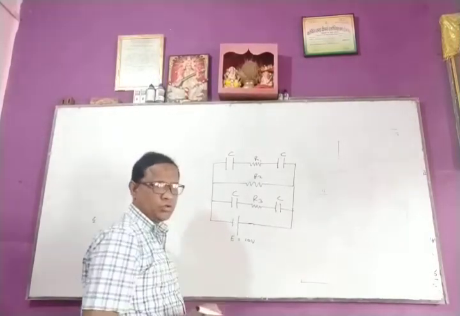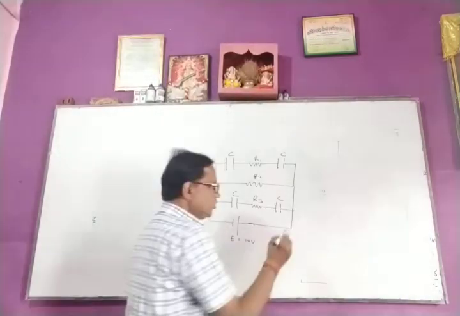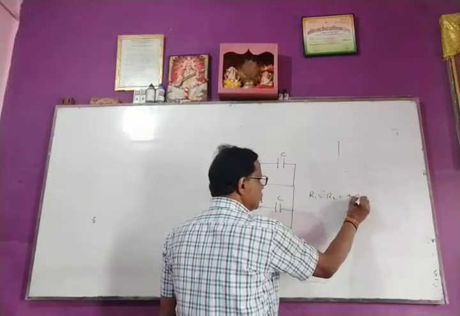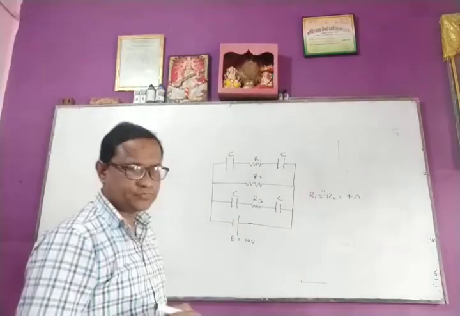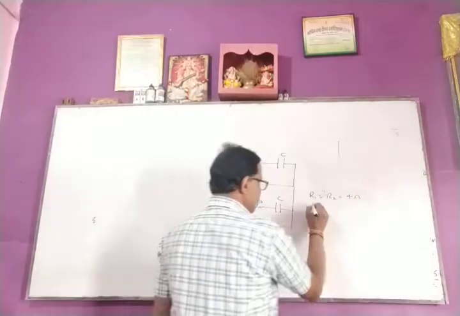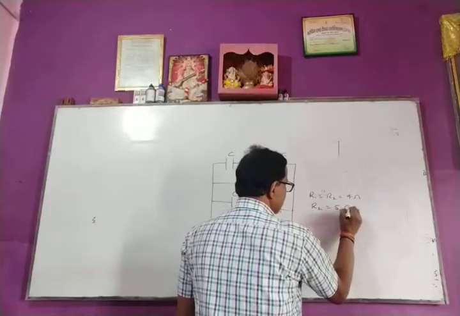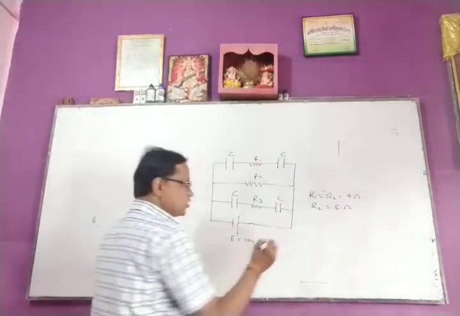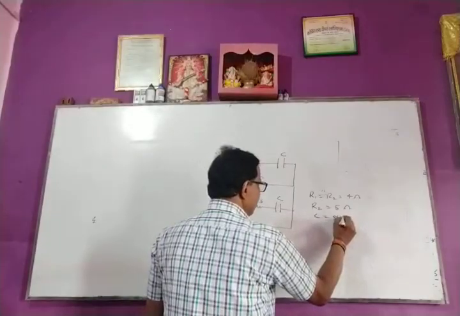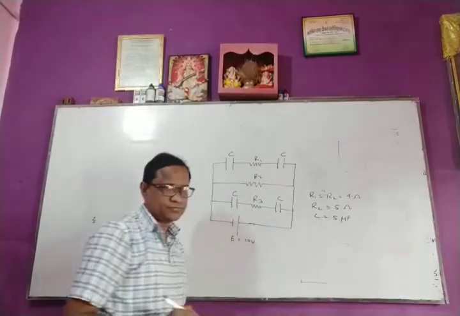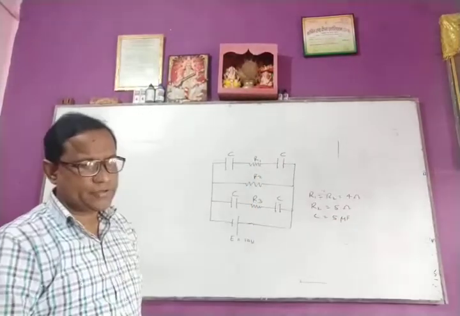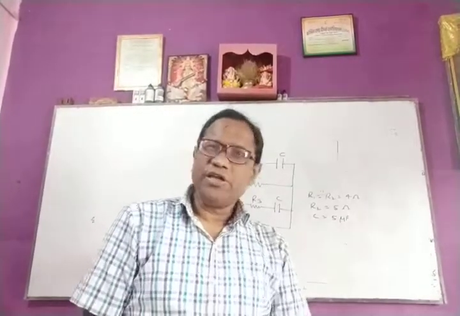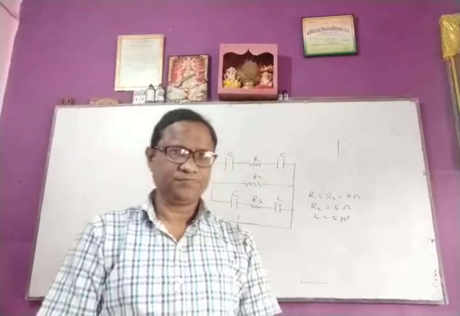R1 is equal to R2 is equal to 4 ohm and R2 is equal to 5 ohm and C is equal to 5 microfarad. Calculate the charge on each capacitor in this circuit.